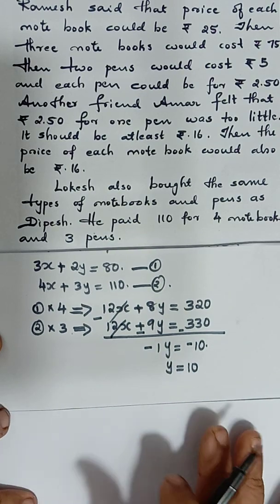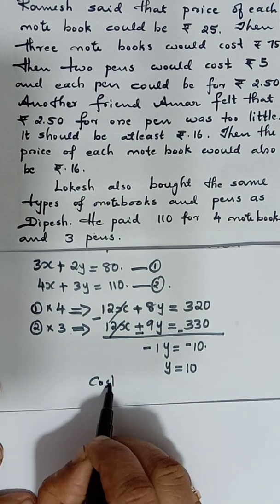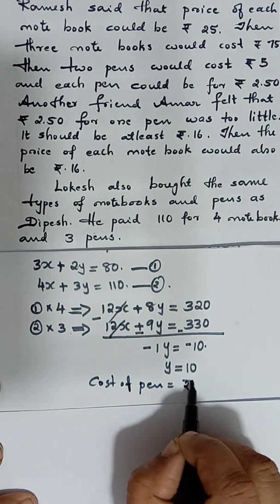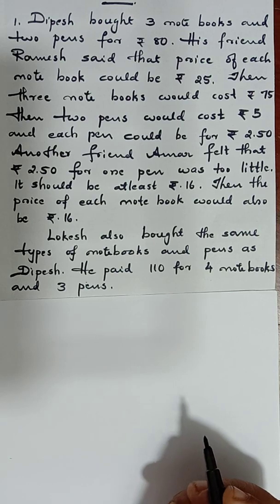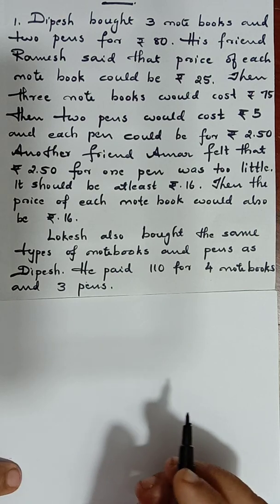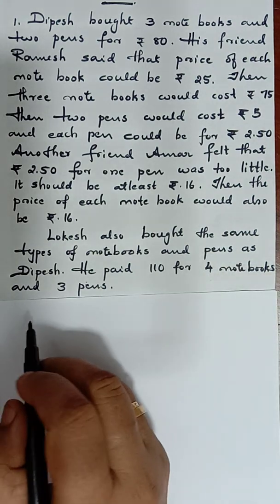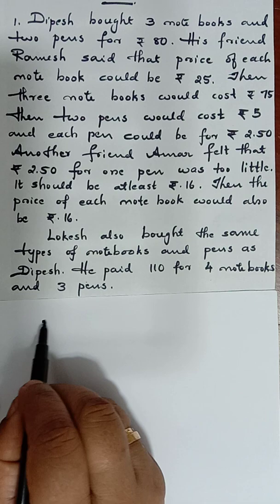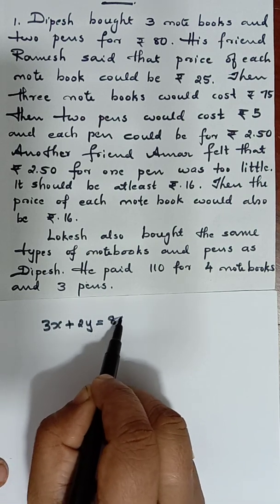What is the meaning of that? Y is the cost of a pen. Cost of a pen is equal to rupees 10. They have asked us the cost of a notebook, so we have to apply this in any one of the equations. Let us use the first equation itself: 3x plus 2y is equal to 80.